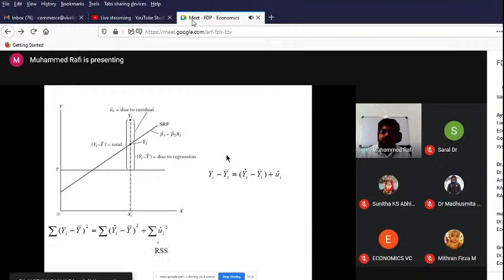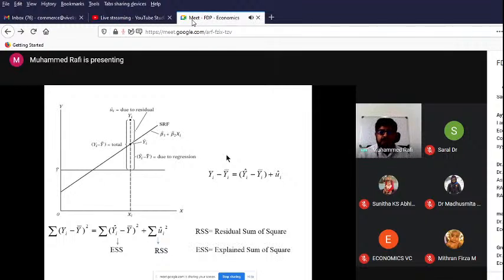So you can write it in terms of the residual sum of square. The square of the error, if you take the sum of it, is the residual sum of square. Or this you can write as the explained sum of square. How much is being explained by the model? And this is the total sum of square.